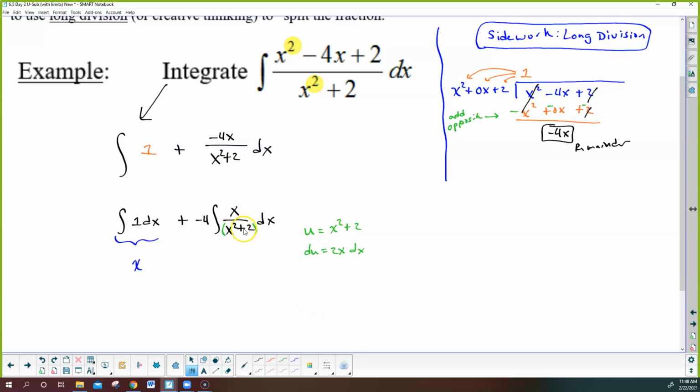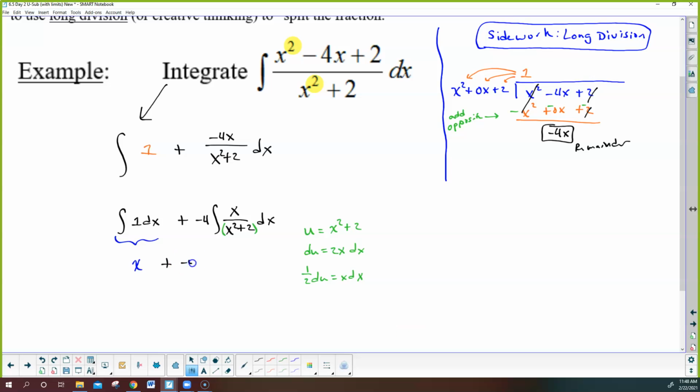So I know what u is. I'm going to take the derivative of u. I'm going to move this 2 over to the other side. The reason why I move the 2 is I don't have a 2 present. Now, some people might argue you can take the 2 away from this, but it gets confusing when you do that. So I'm just going to make sure that I have a 1/2 put in here as we go ahead and simplify.